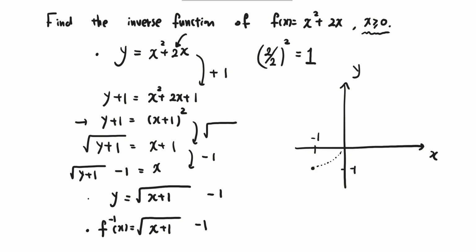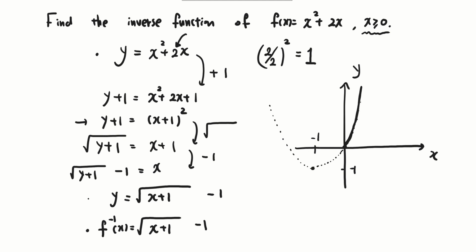Then this is how the graph looks. f of x is equal to x squared plus 2x. Then our function has a restricted domain here: x is greater than or equal to 0.